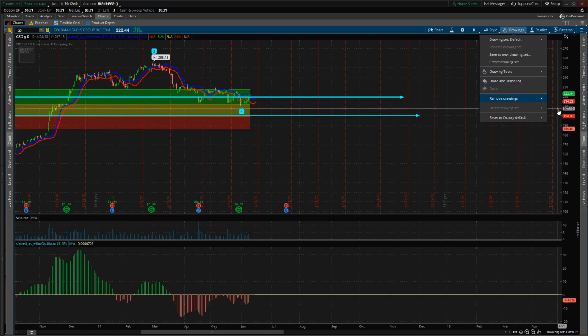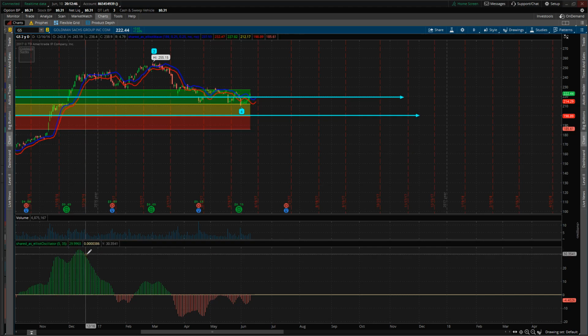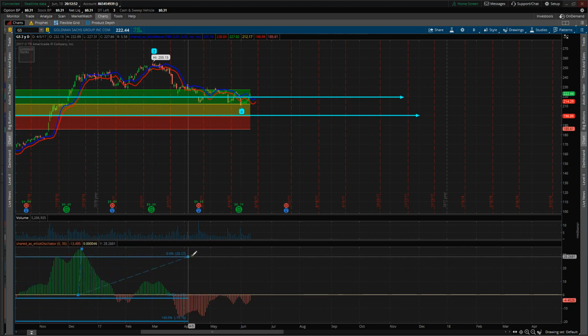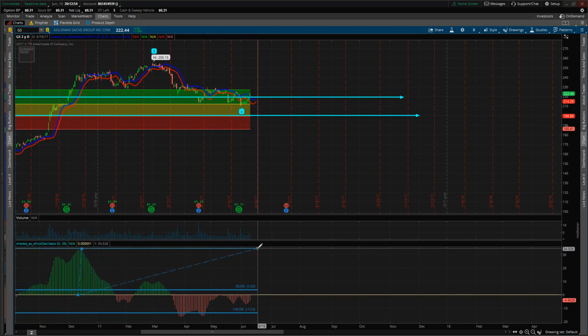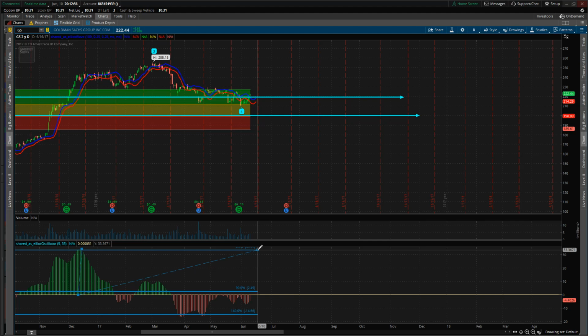So again, we're going to use fib extensions: highest point on wave 3, click, 0, click, and then we bring that across. So it's broken the 140 line.